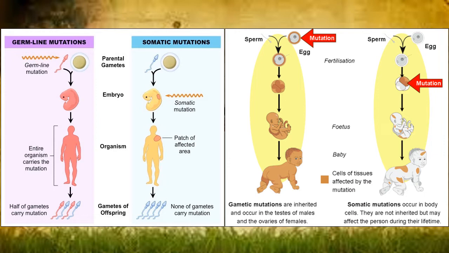If you look at the image where the germline mutations are highlighted, see the sperm cell has got a mutation, and once it mates with the egg cell, it leads to the development of an individual who has mutational characteristics similar to the sperm cell. But if a somatic mutation takes place, then it will be revealed in the individual only at a particular part of the individual's body, but not in the future progeny or the parental generation.